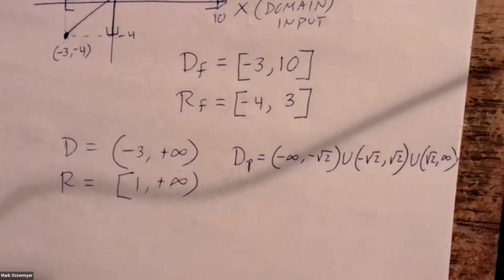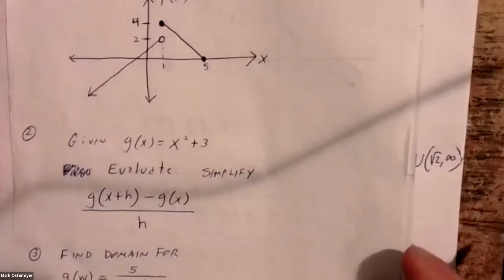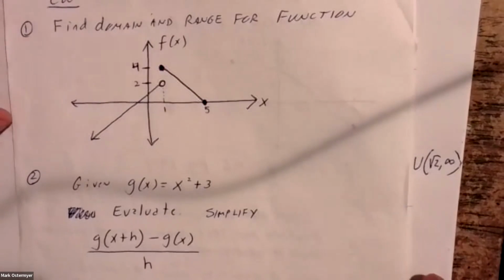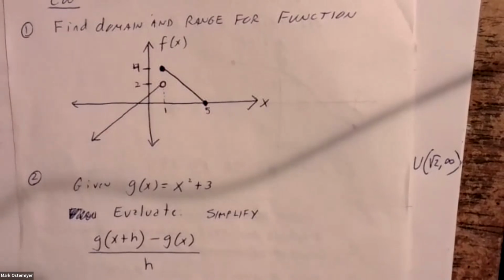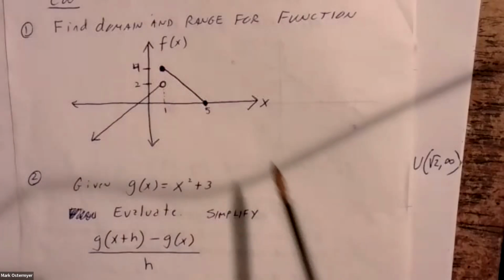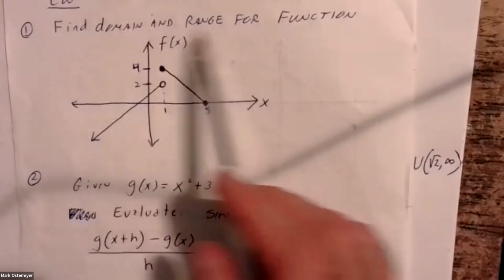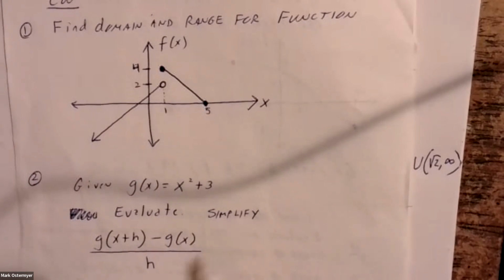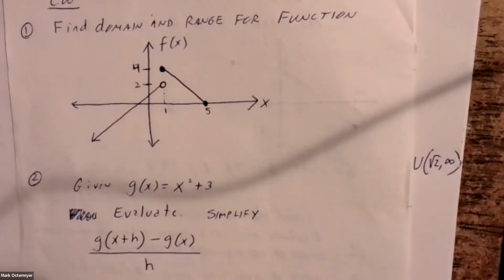All right, so for your last classwork here, what I want you to do is I would like you to do problems 1 and 2 here. I give you the graph of a function here, and I want you to, using interval notation, specify the domain and range. And then I give you a function defined to be g of x is x squared plus 3, and I want you to evaluate this expression using your function g of x.